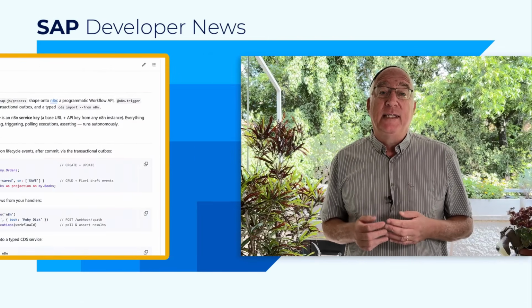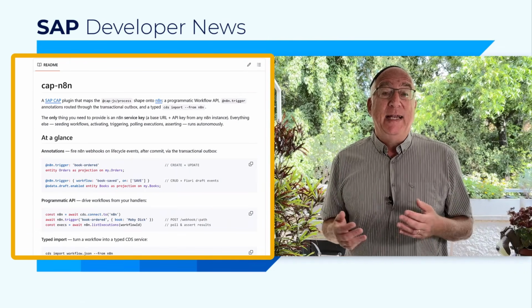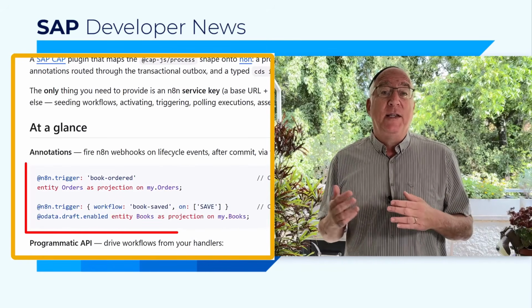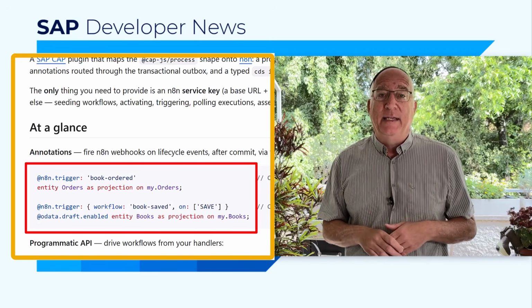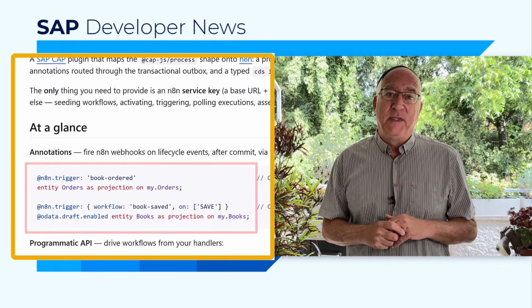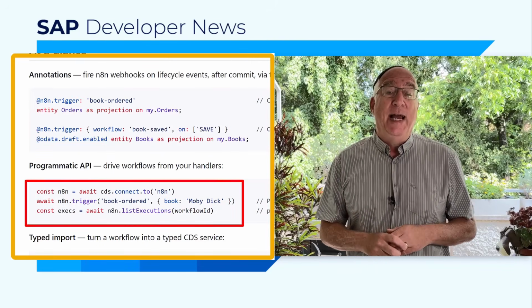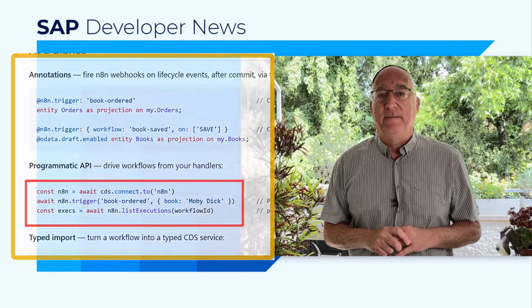Essentially, you can set up an n8n workflow with webhook triggers, and then from within your CAP application, using annotations, trigger that workflow anytime a CAP event occurs, for example, when an entity is saved. You can also programmatically trigger that workflow anywhere in your code inside your CAP application.